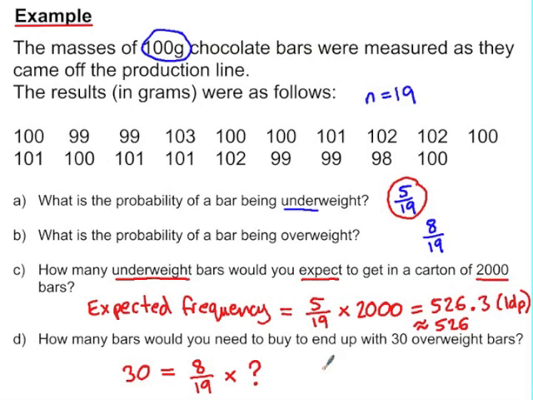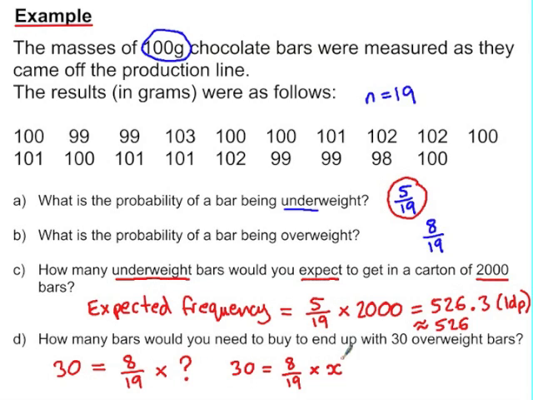If we use a bit of algebra here, we're looking for a value of x that will make this equation true. And when we solve this equation, we get a value of x as 71.25. If you're not sure how I achieved that answer, you probably need to do a bit of work on your algebra.